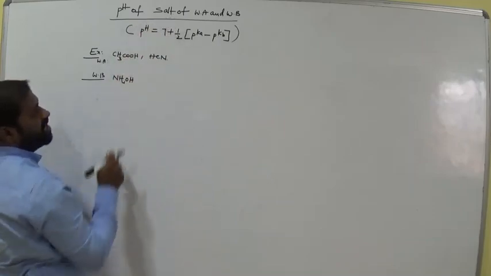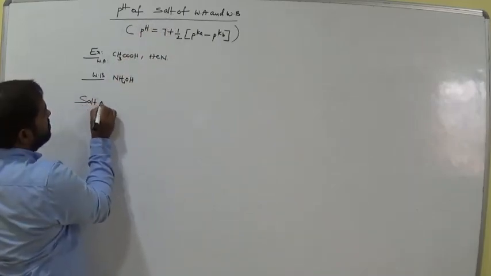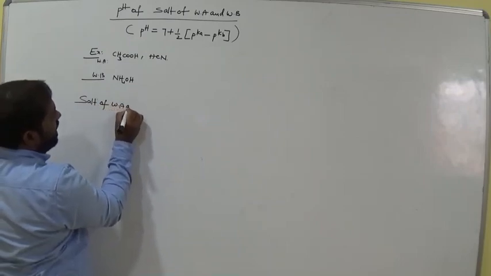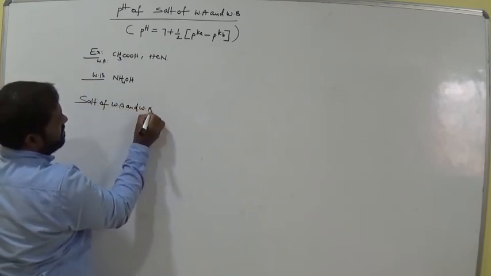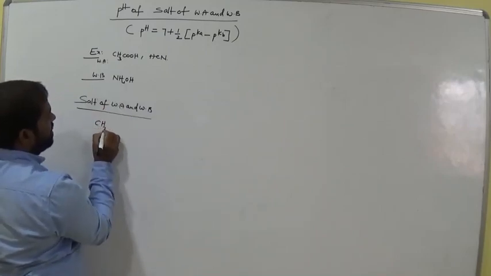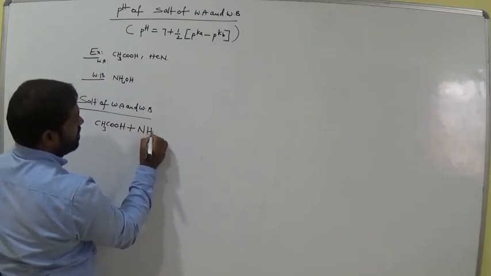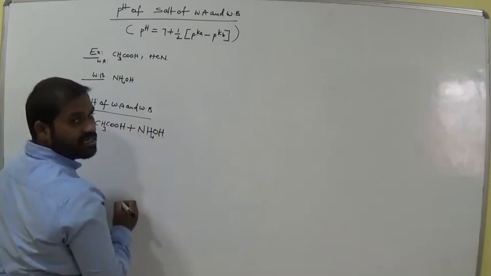Now I would like to form the salt of weak acid and weak base. The weak acid is CH3COOH, plus the weak base ammonium hydroxide.